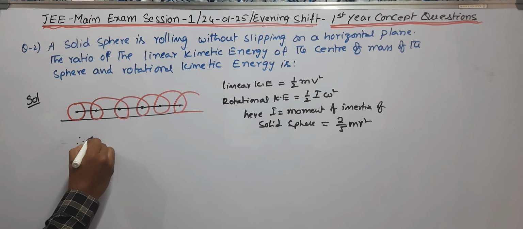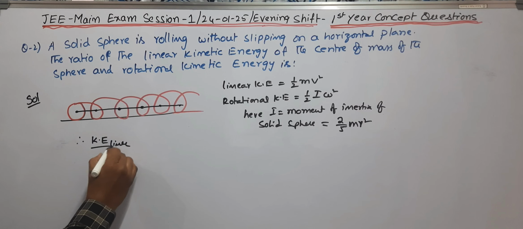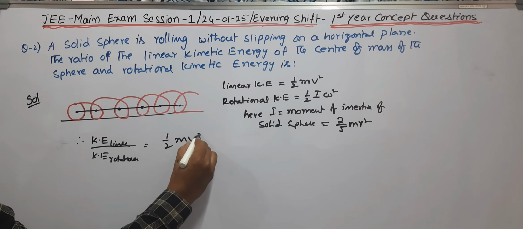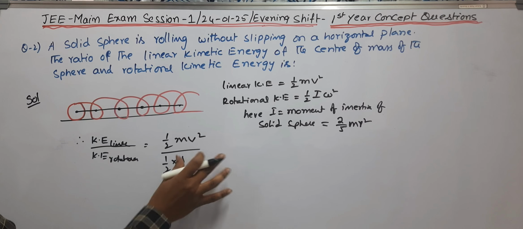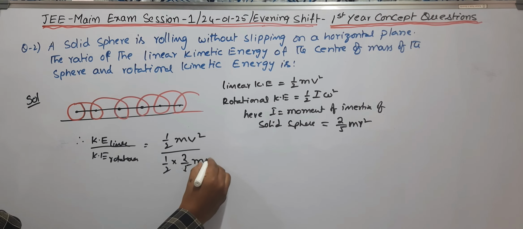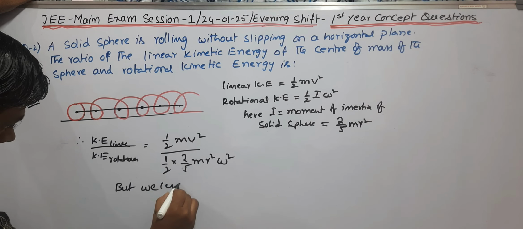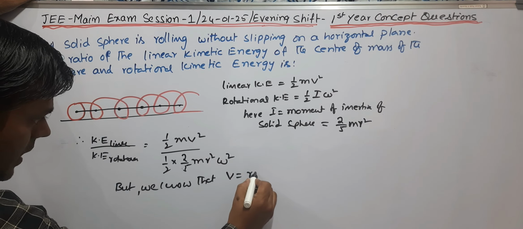Therefore, linear kinetic energy by rotational kinetic energy is equal to half m v square by half into 2 by 5 m r square into omega square. But we know the relation v is equal to r omega.